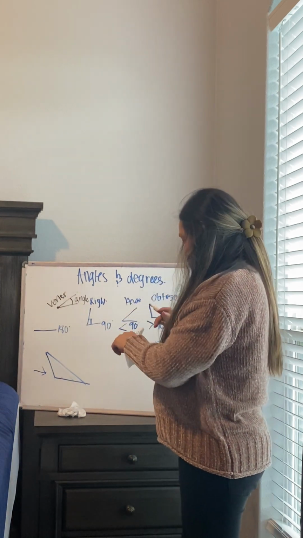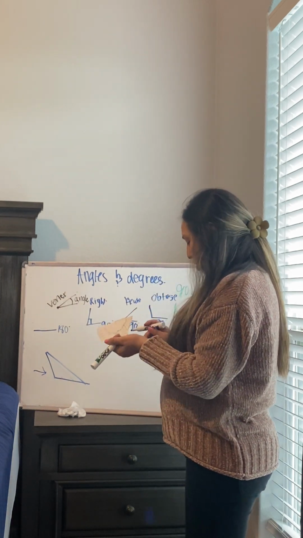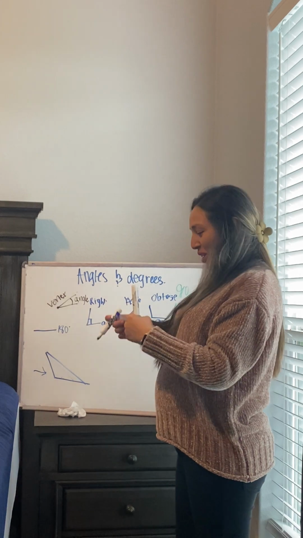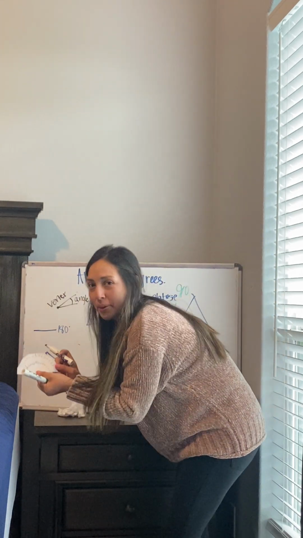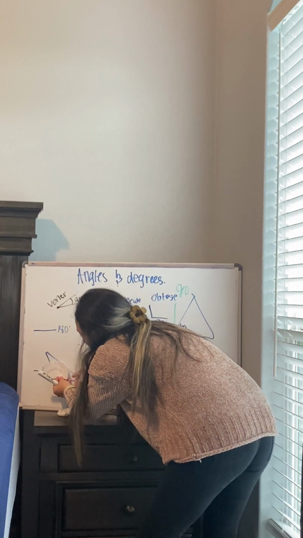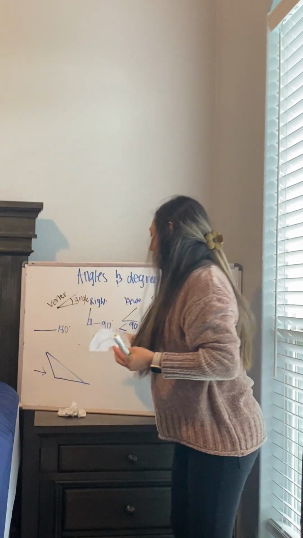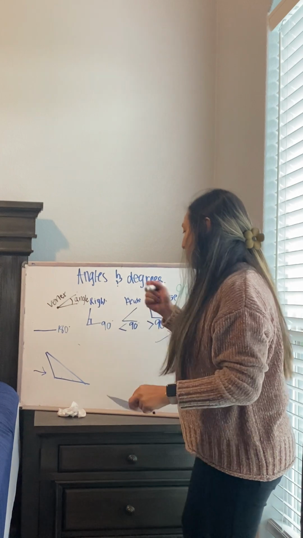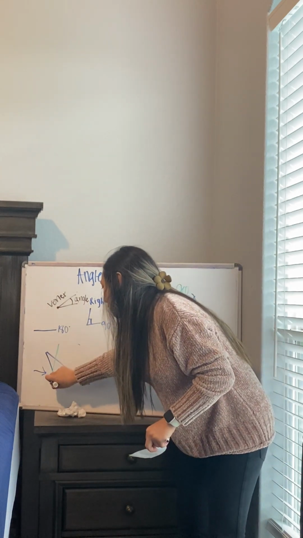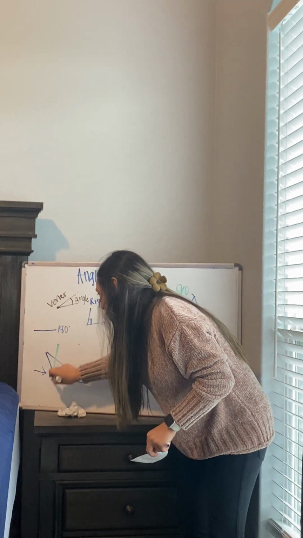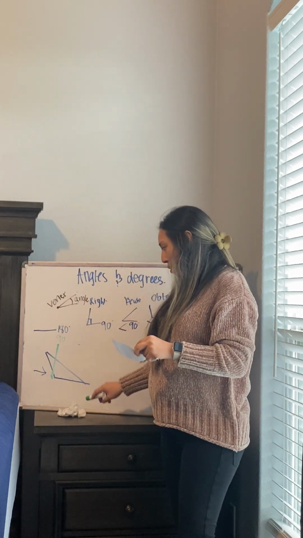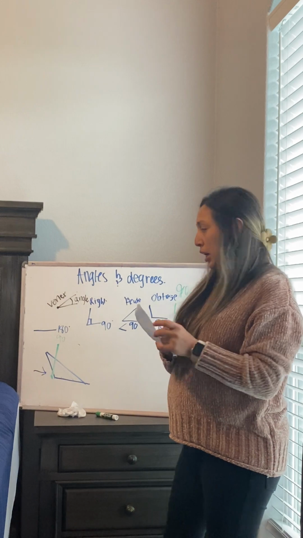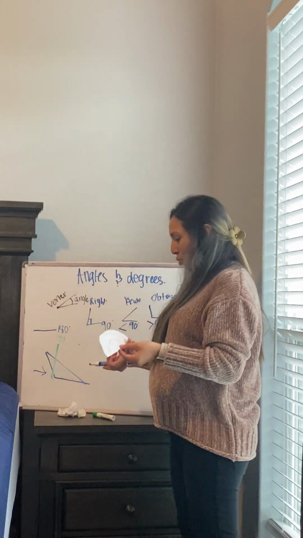Okay, if we use our protractor again, we're going to set the middle part right here. We should be able to look at it and say, oh, that is greater than 90 degrees, because 90 degrees is just straight down. It goes over 90, so that's how we know it is greater than 90. So it's going to be an obtuse angle.